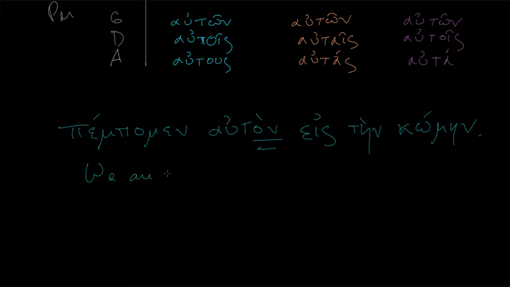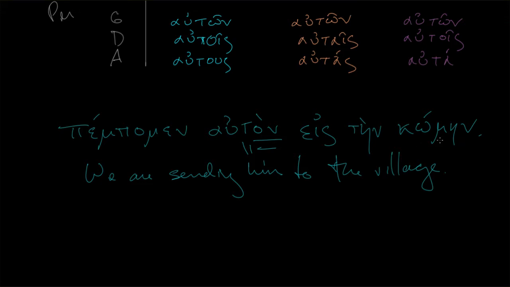So we are sending him, and him might be a number of things, but it just has to be a masculine singular accusative object, to or into the village. So note that auton here doesn't agree with anything. It's standing on its own. It agrees with him, whoever him is. Can't be the subject because it's not nominative.